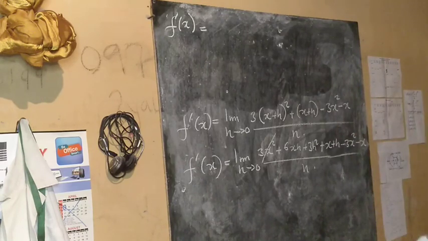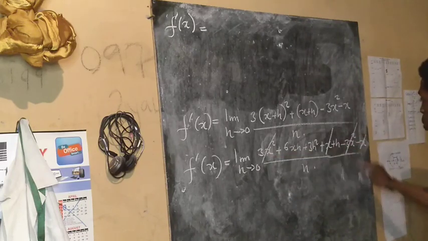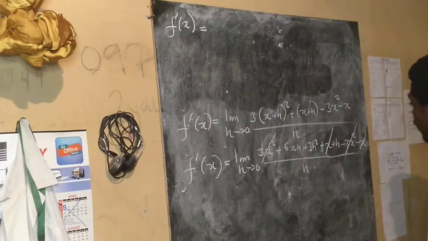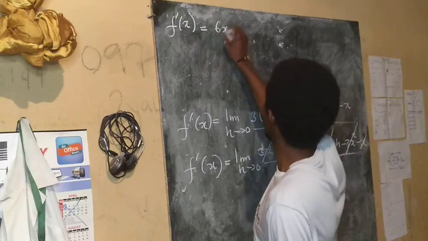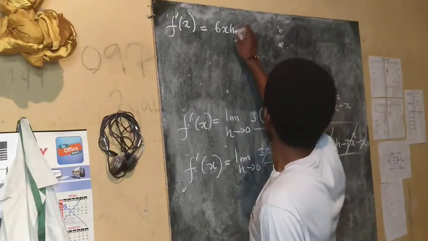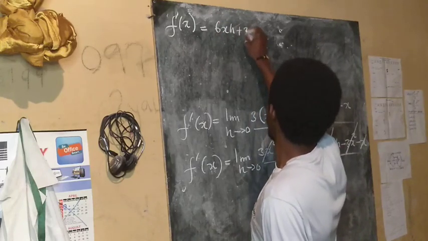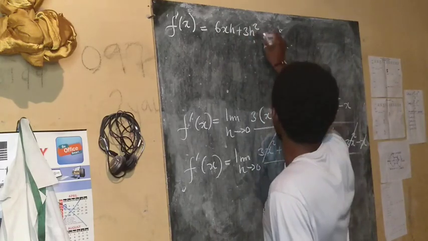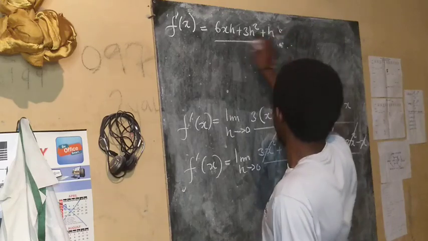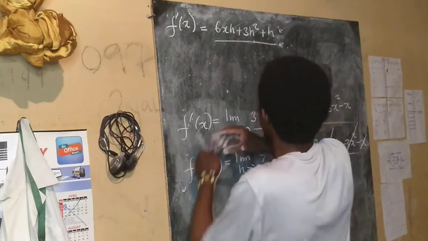That's when I'll introduce the 3x squared minus x. So here, the positive x and the negative x come out. Again, the negative 3x squared and the positive 3x squared. So in the function, I will remain with the 6xh, then plus 3h squared, and then plus h, everything over h.